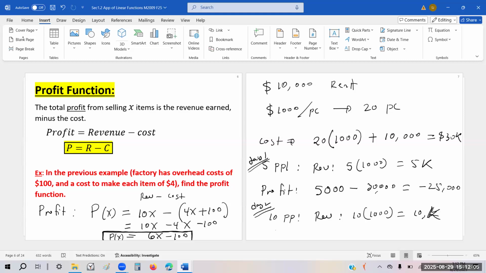So what is the total revenue this time from day 1 and day 2? Before it was 5K, day 1, you sold 5 computers. On day 2, you sold 10 computers. So 10K, you have 15K. Do you still have some profit? No. So it keeps selling again and again.